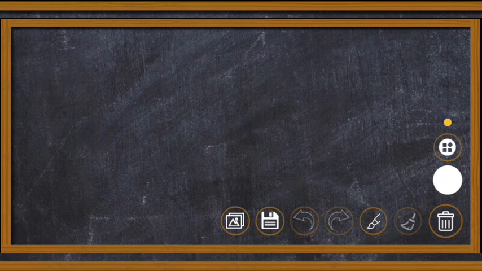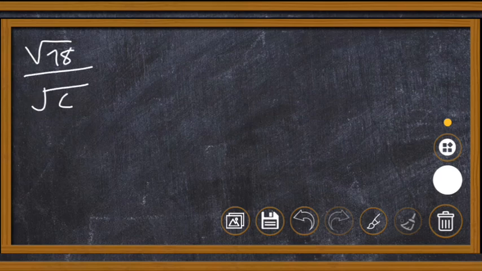Let's look at the quotient rule. Let's say we have been given the square root of 78 over the square root of 6. How can we find the value of such? According to the quotient rule, when you are dividing the roots separately, you can divide them under one root.